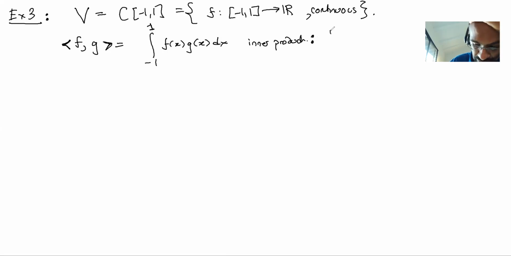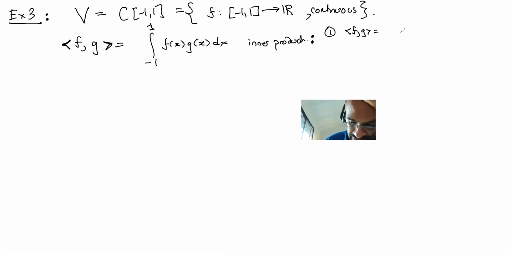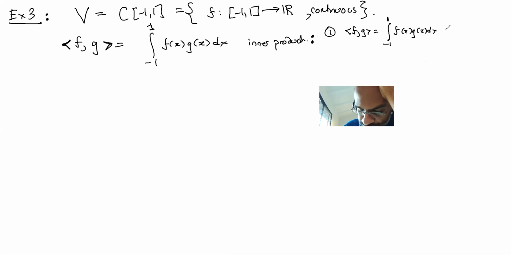Let's check the first property. The first property is that f inner product g, so this is the integral of f(x) g(x) dx, should be equal to g inner product f. So what do I do?